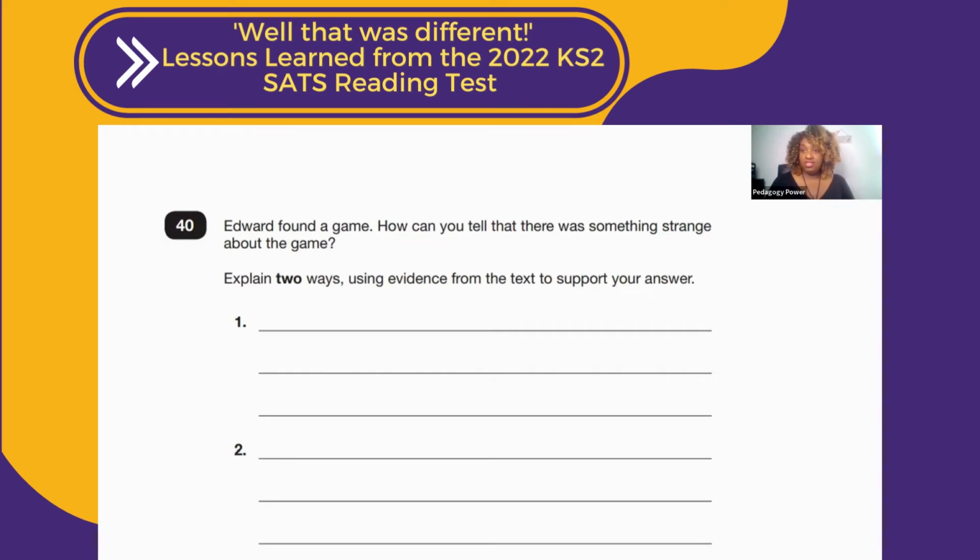Now, obviously, according to the mark scheme, both for 2018, 2019, and now for 2022, only one of these acceptable points needs to have evidence. The other one needs to be a completely different acceptable point, but does not necessarily have to have evidence to support it in order to gain the 3 marks.